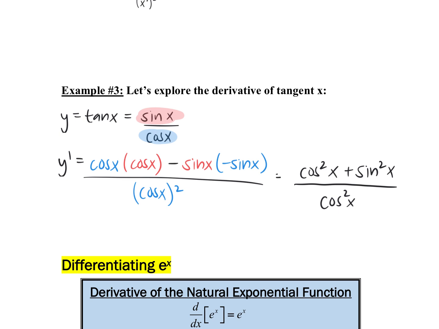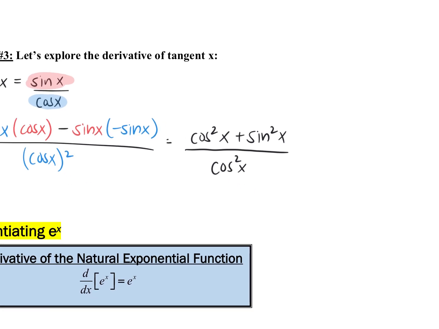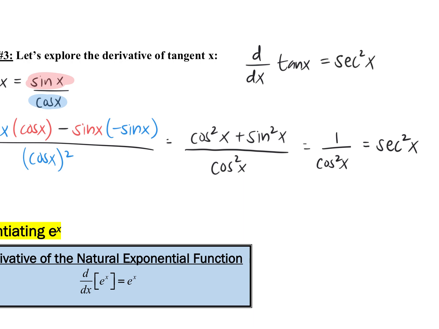If I have cosine squared plus sine squared, what is that? 1. So this is 1 over cosine squared of x, which is secant squared of x. So the derivative of tangent, I said don't simplify except we're showing what the derivative of tangent of x equals. This is like a little mini proof. The derivative of tangent of x is secant squared of x.